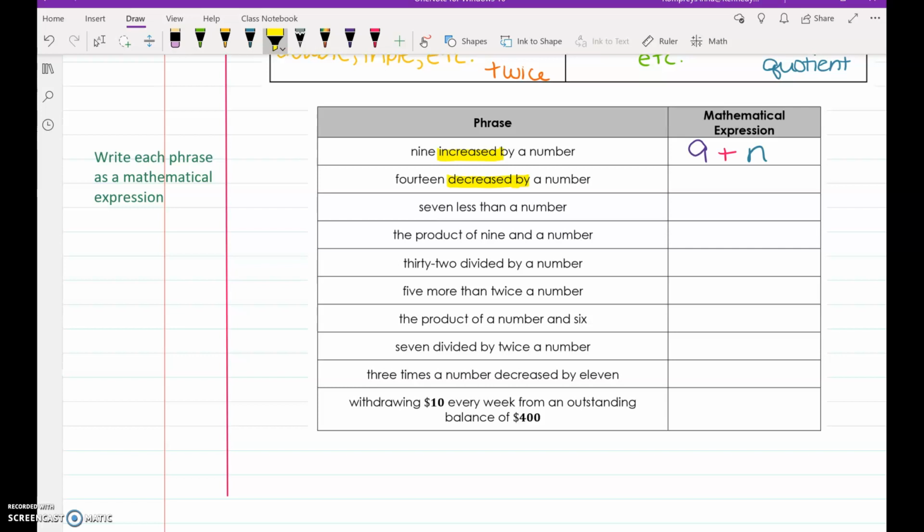So I am decreasing by a number. So 14 and decreased by a number. So 14 minus n. Now, this is what I want you to think about. Can we rearrange those? Can we do n minus 14?